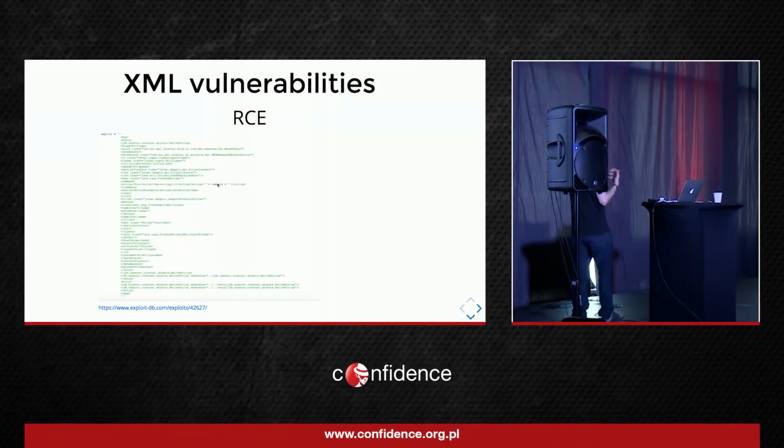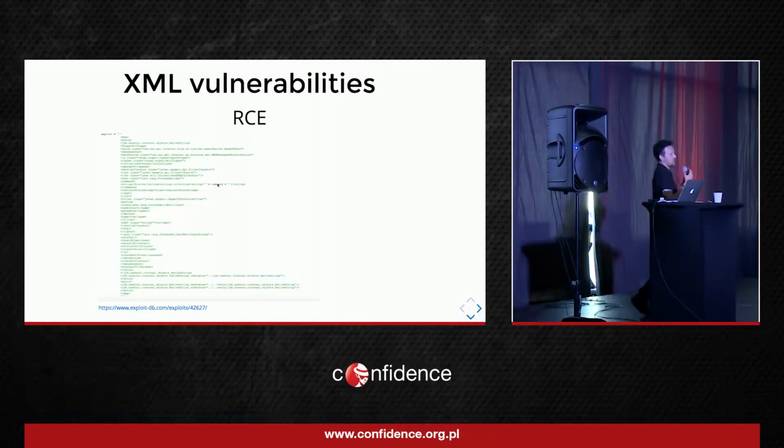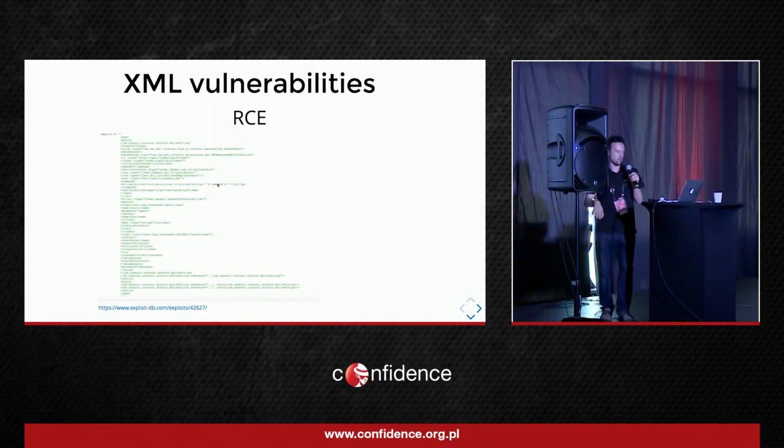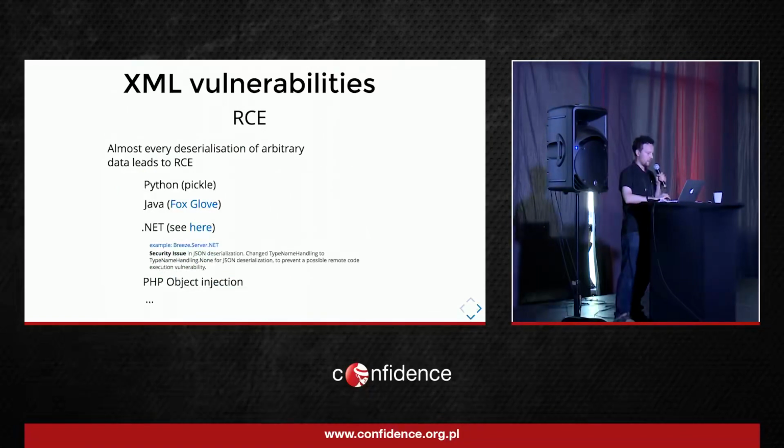And actually almost every deserialization, doesn't matter if it is Java native deserialization or PHP deserialization or deserialization in .NET, if you allow to deserialize something from users, almost for 100% you are vulnerable to remote code execution. And this was the case. And the same goes with Python, Java, .NET, PHP.